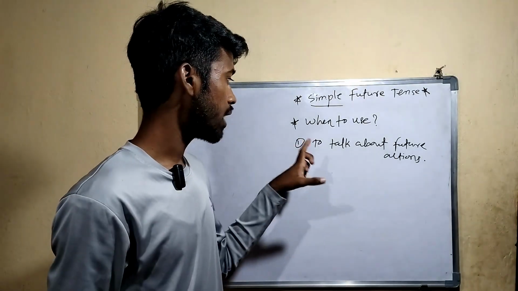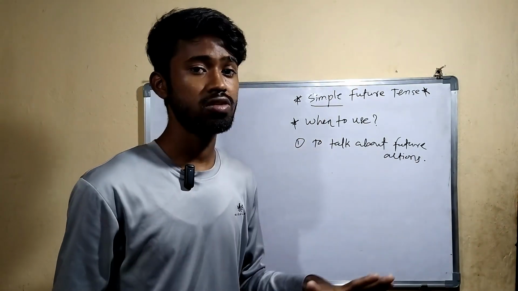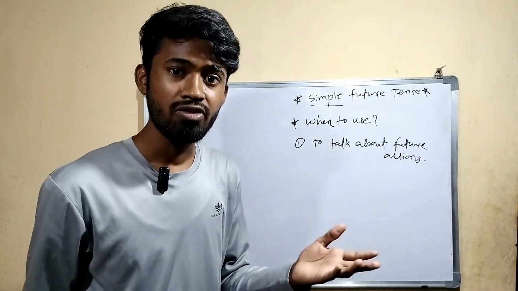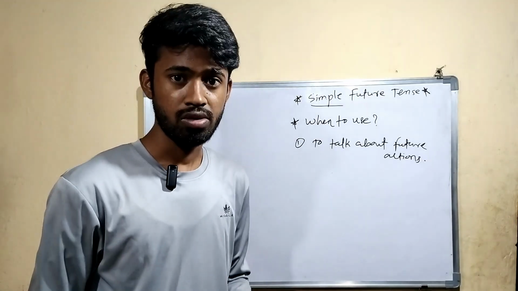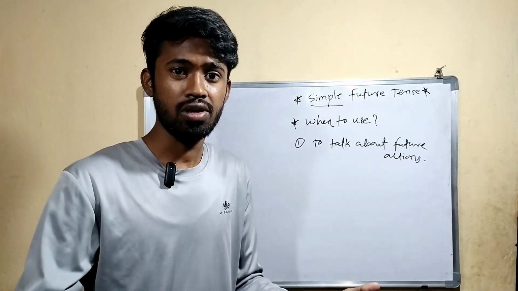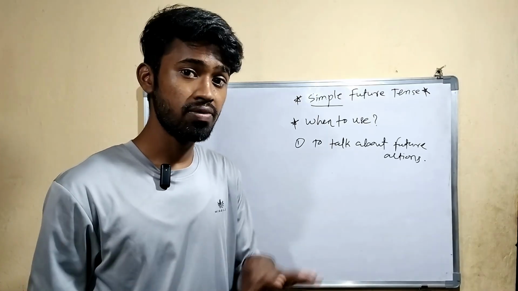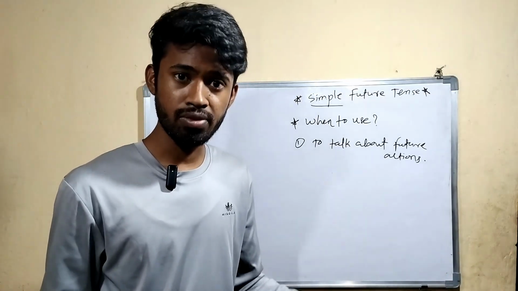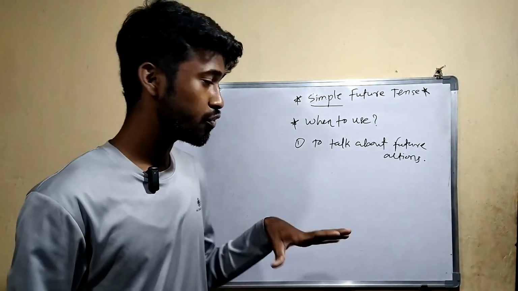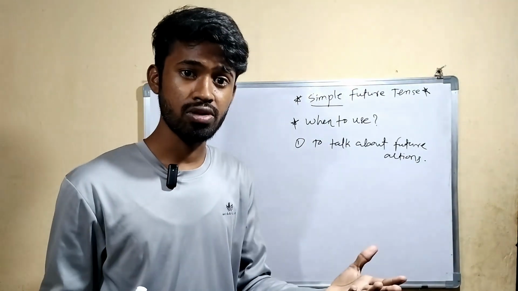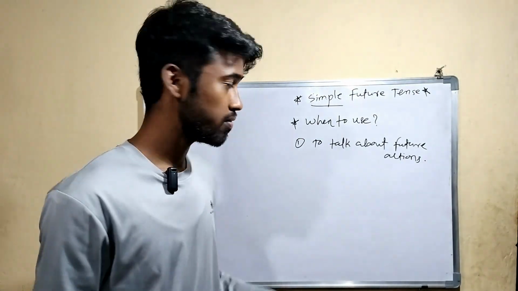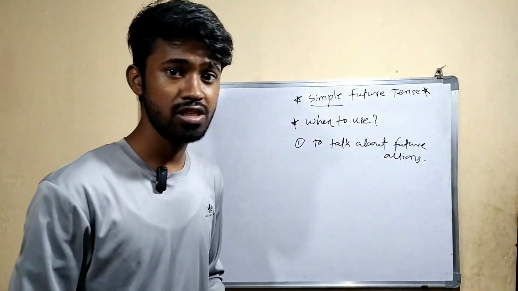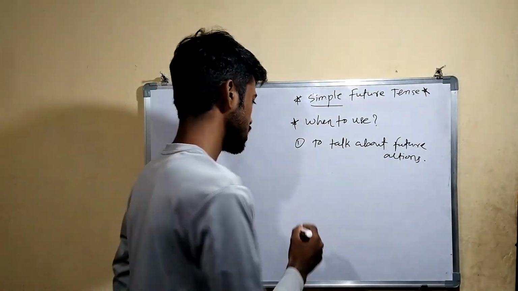To tell about those actions we use simple future tense. What is an example? I will attend the program tomorrow. Tomorrow is future, right? So here we are telling about the future actions. So whenever we want to talk about future actions, we use simple future tense. This is the first use. Now let's see the second use.